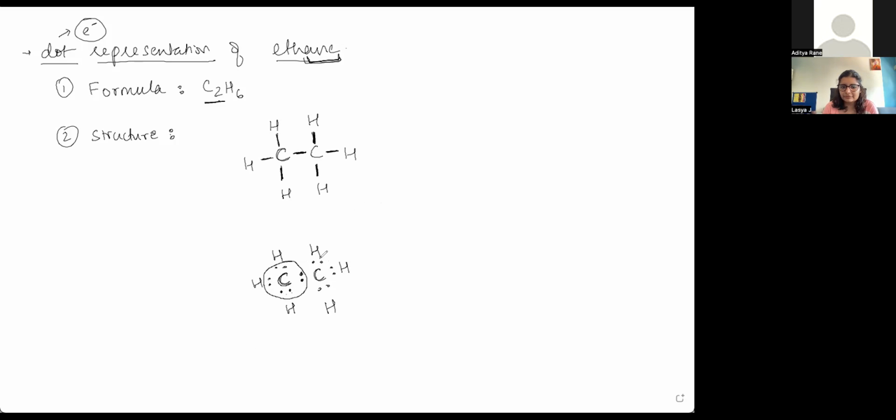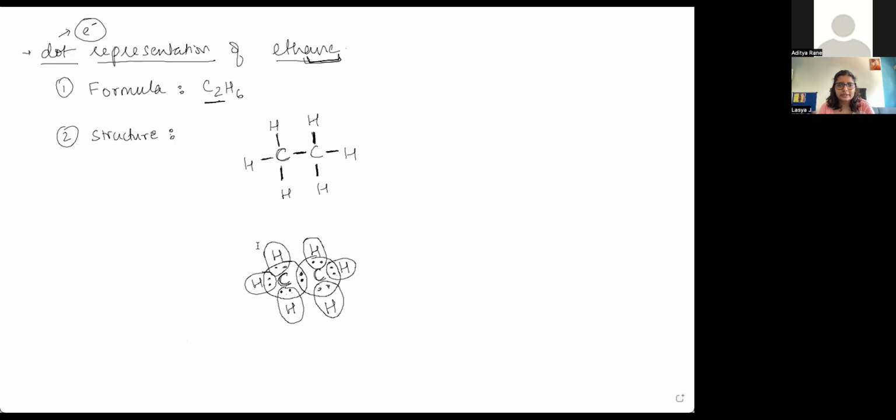Around this carbon, 1, 2, 3, 4, 5, 6, 7, 8 electrons. So draw a circle around those 8 electrons to show the octet. Then 2 electrons at each of the six hydrogens. That's how you show the dot representation.